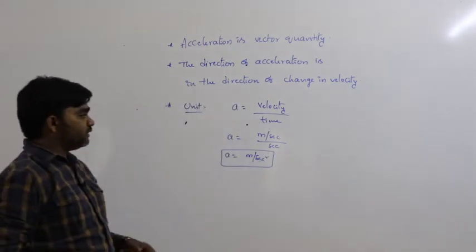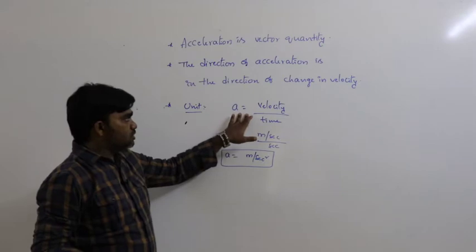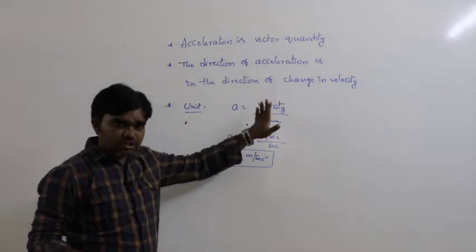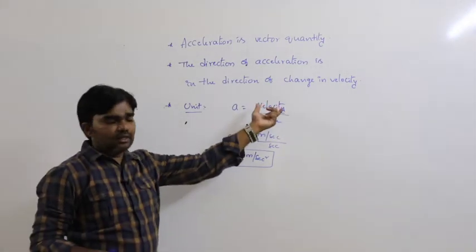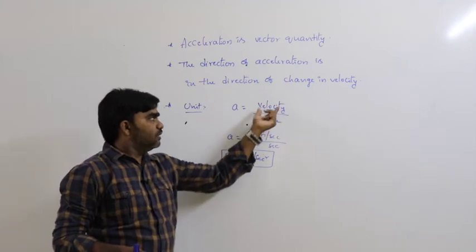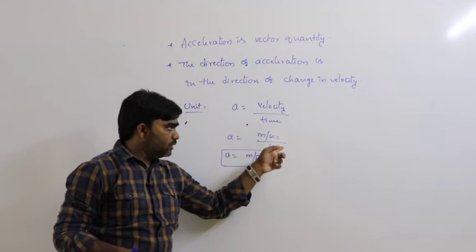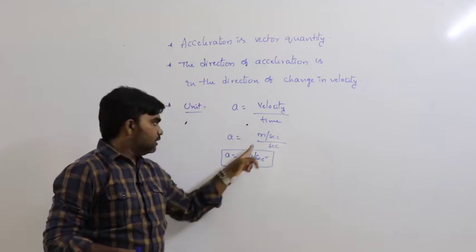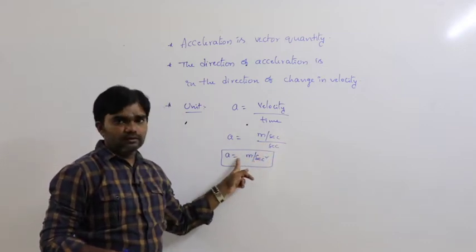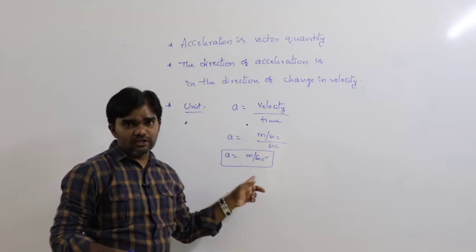This is the unit of acceleration. The acceleration formula is change in velocity by time, and the velocity unit is meter per second, the time unit is second, that is why it is meter per second square.